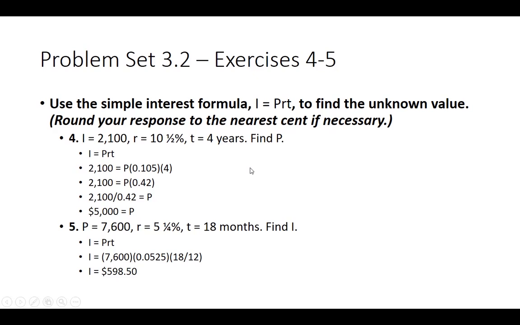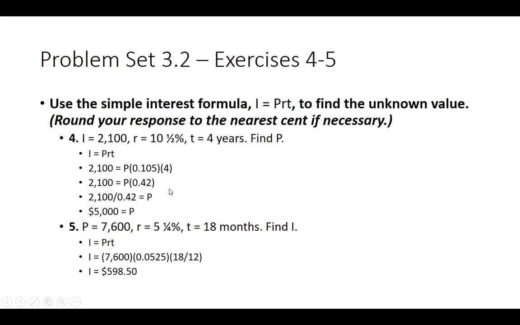Number 4, again, we're finding P. We're given I is 2,100. R is 10.5%. T is 4 years. Plugging in what we know, 2,100 equals P times 0.105 times 4. 0.105 times 4 is 0.42.